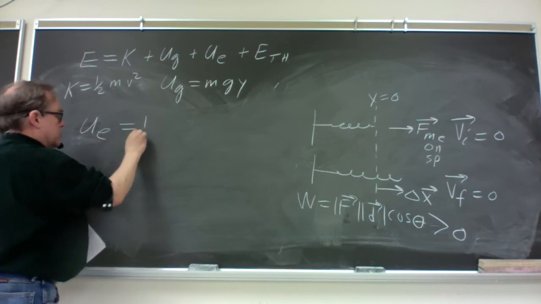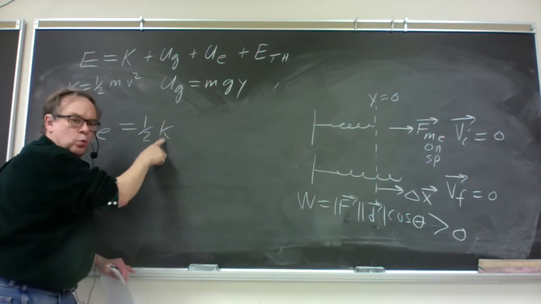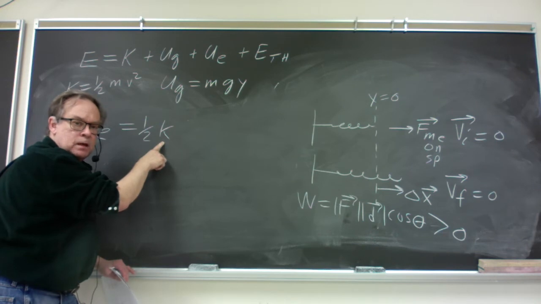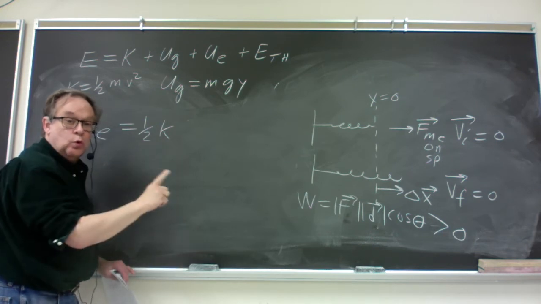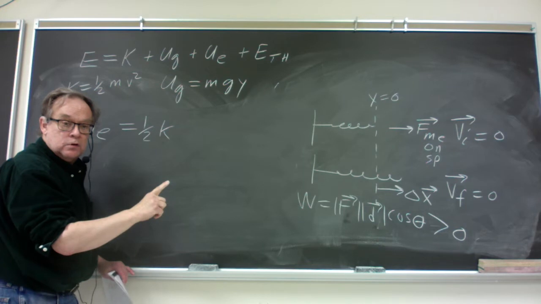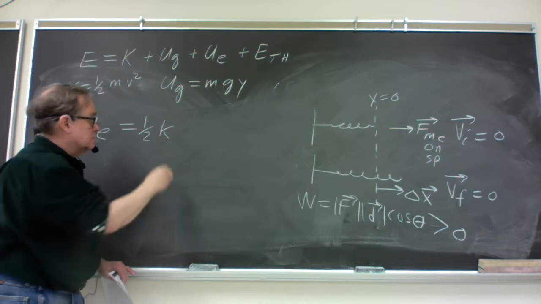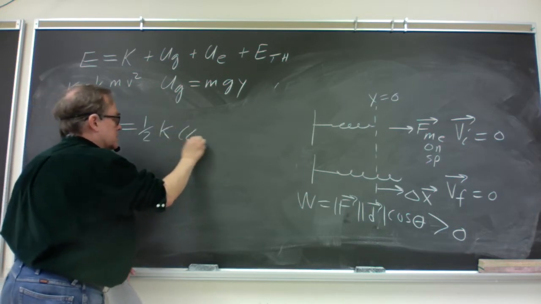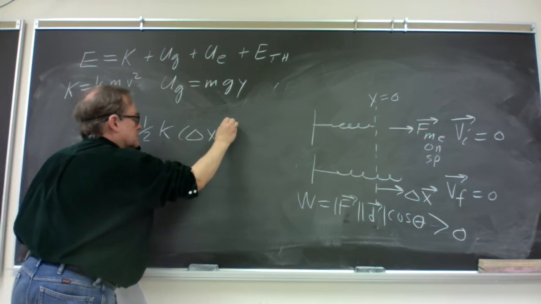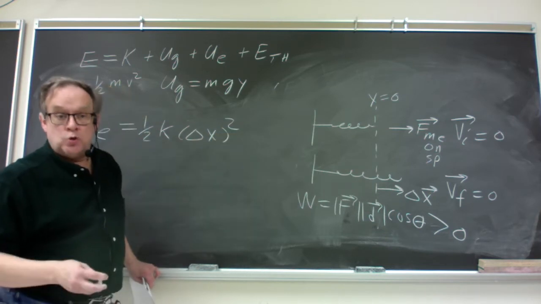Elastic potential energy is 1/2 k, where k is that same k factor that appeared in the rule for spring force, times displacement squared.